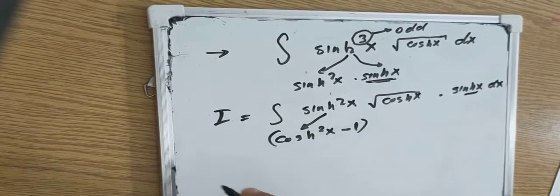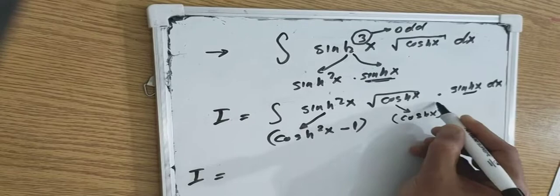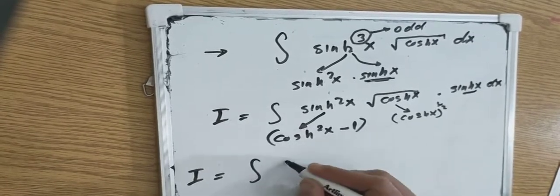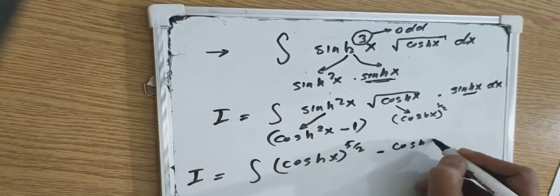And now expanding the bracket, because root cosine is cosine x to the power half. So expanding the bracket, the first term will be cosine x power 5 over 2, minus the second term, which will be cosine x to the power half. And again, we have this term, which is sine x dx.